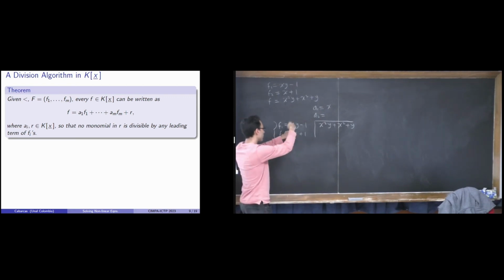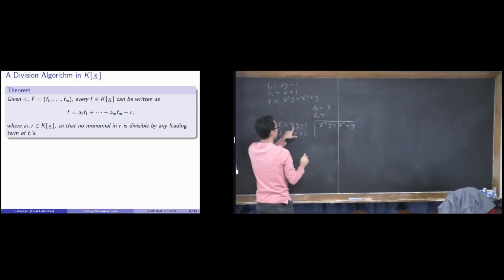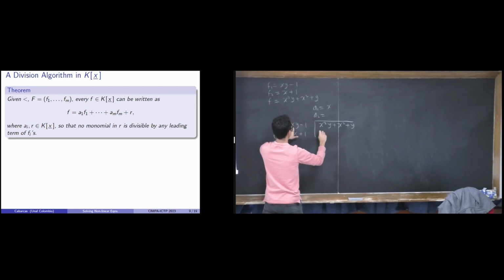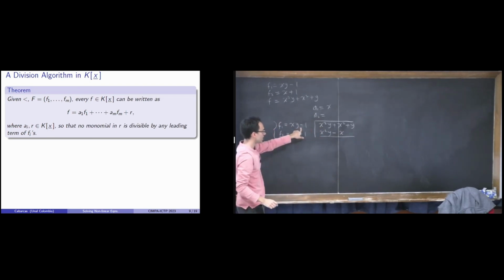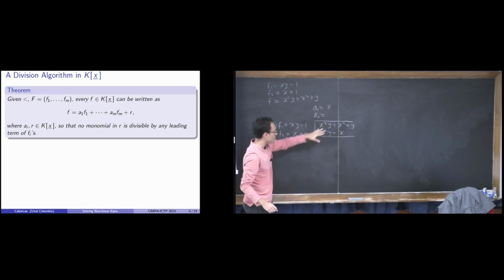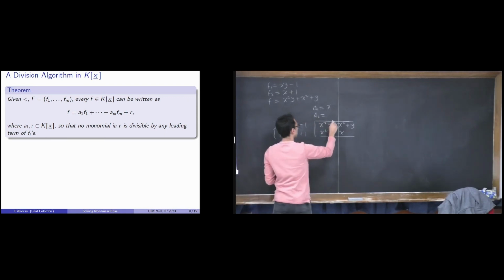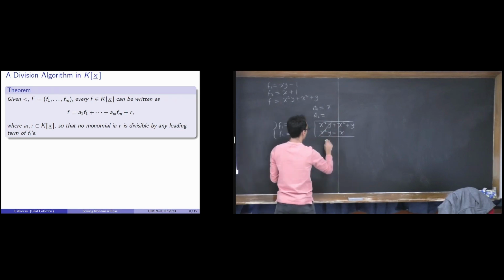When we multiply x by f1, we get x squared y minus x. And then we subtract. The leading term, x squared y, cancels when we subtract, and we end up with x squared plus x plus y.